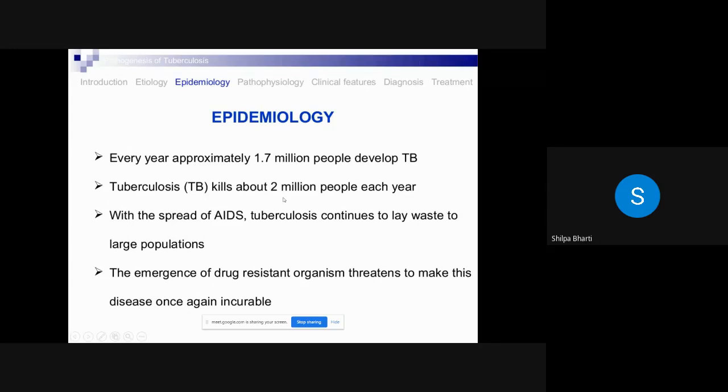Okay, so I think corona जो है वो अभी आया है and the people are saying that it is a pandemic disease, it is a pandemic, but in real sense which disease is pandemic? Actually, this tuberculosis. It kills more people as compared to the corona.